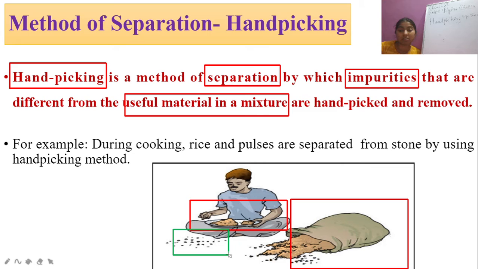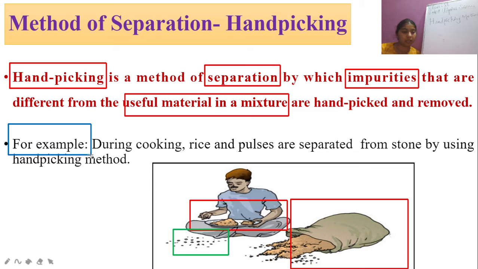Let's take an example. During cooking, rice and pulses are separated from stones by using the hand picking method.